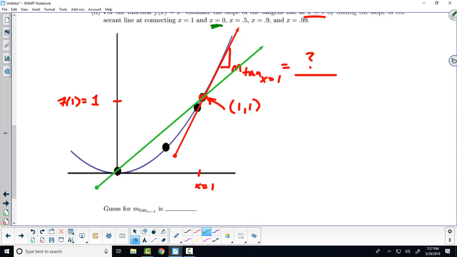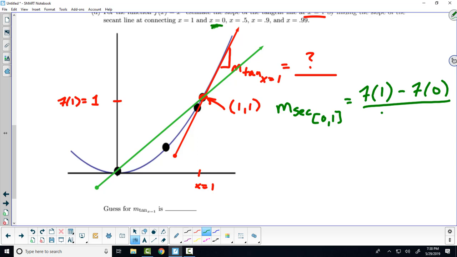So here I want you to write this out in full gory detail. The slope of the secant line connecting 0 to 1 is equal to f of 1 minus f of 0 all over 1 minus 0.